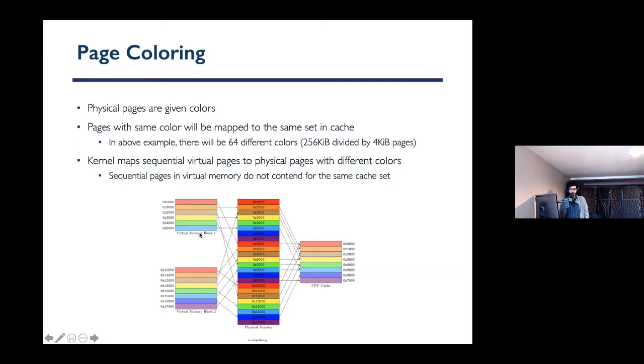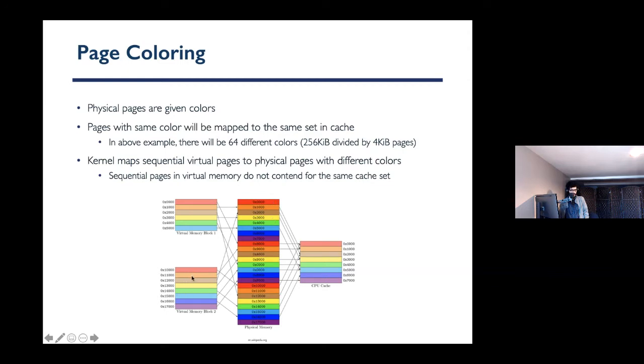The idea is precisely the example that I just brought to your attention in the previous slide. We'll just color each memory block in physical memory. Depending on our set associativity and the size of the cache, we color all the memory blocks that are mapped to the same set with the same color.